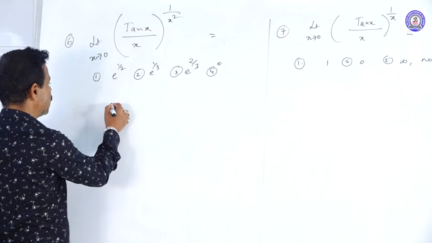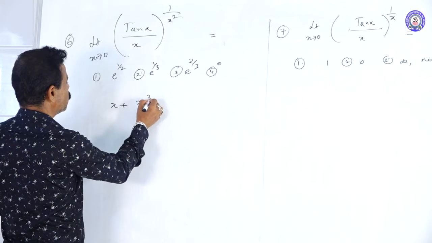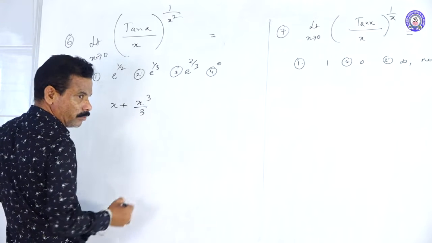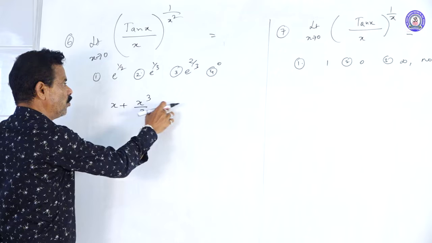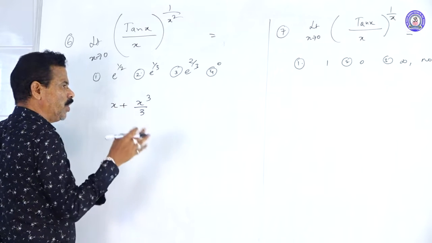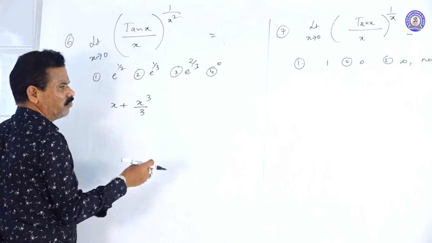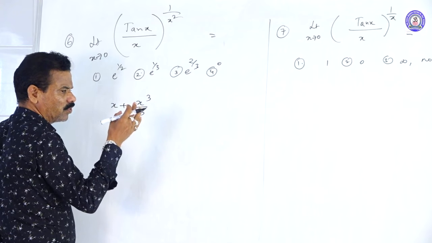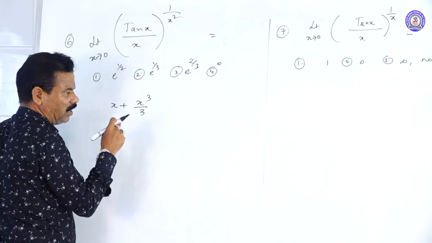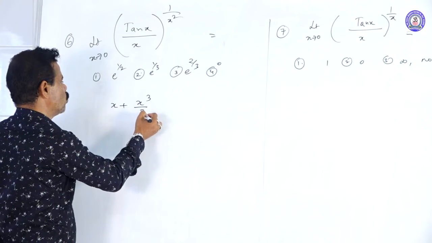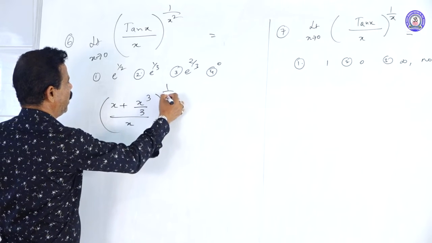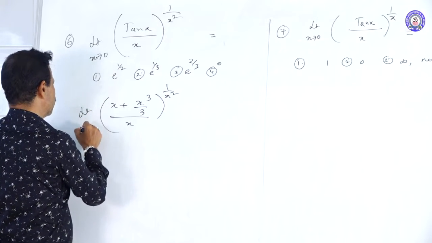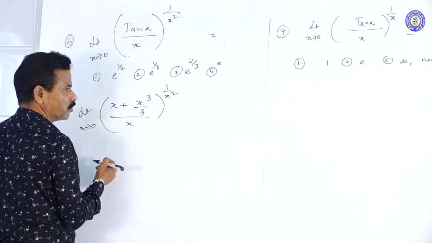Tan x is x plus x cube by 3 and so on. Whereas x tends to 0, these powers keep going and have very little value, thousands of fractions, so neglect them. Up to x cube by 3 is enough.